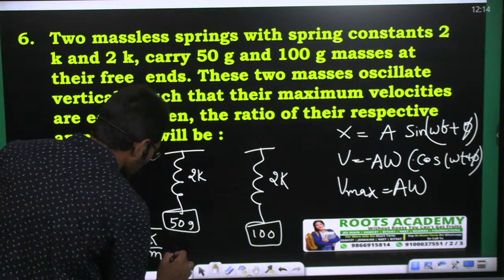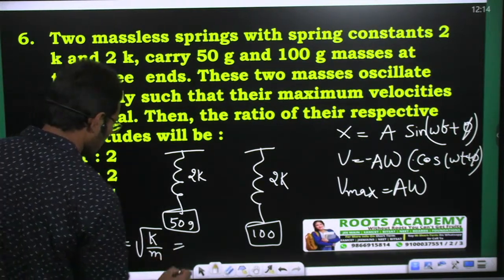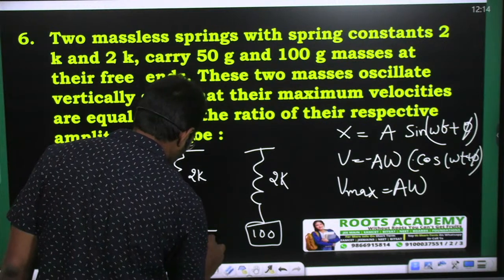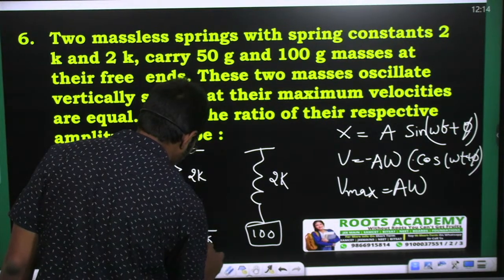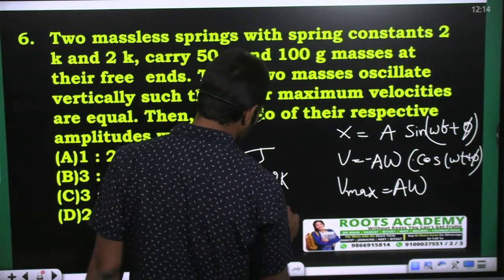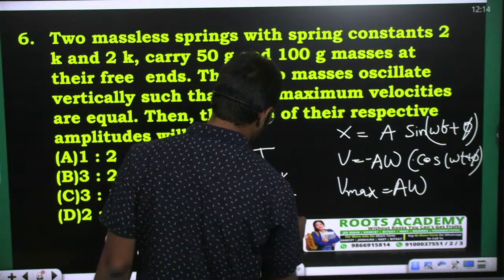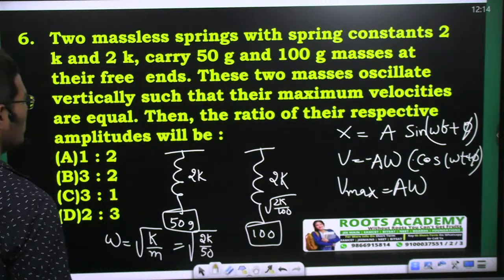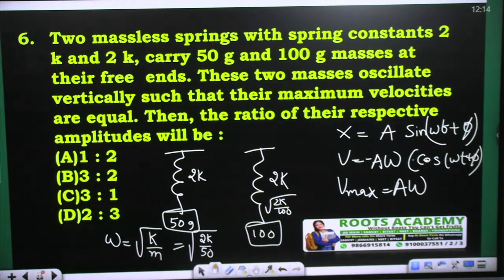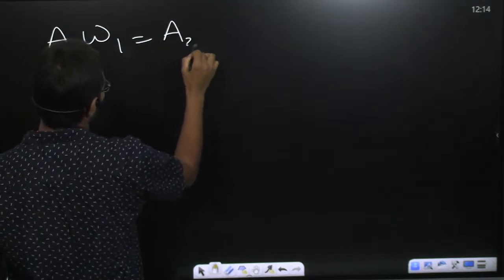So what do we get here? Under root 2k by 50, and here under root 2k by 100. The question being asked is, what is the ratio of the respective amplitudes? So now let us equate their maximum velocities. A1 omega 1 is equal to A2 omega 2.